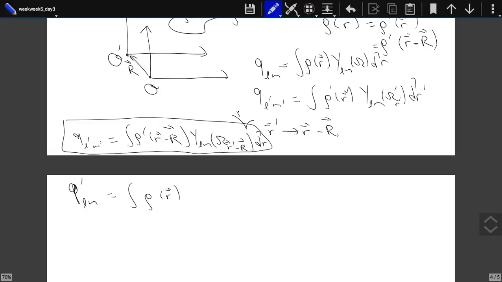Now there is also the R to the L, Y_LM of omega R prime minus R. Here we had the R prime to the L, which is now the magnitude of R minus R squared to the power L, d cubed R. Oops. So it's not always trivial.